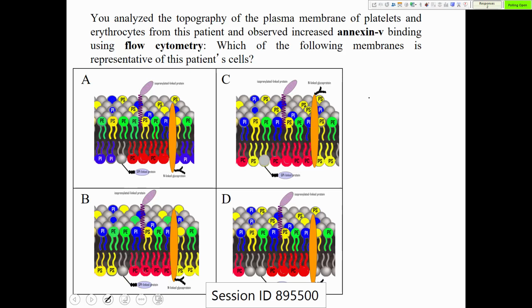You have increased annexin binding, flow cytometry, look at the distribution of phosphatidylserine, look at the distribution of N-linked glycosylated proteins and GPI-linked glycosylated proteins. Are they supposed to be on the same side?